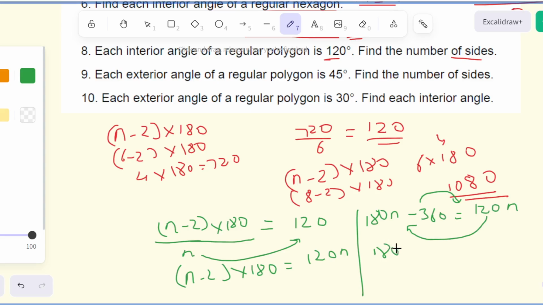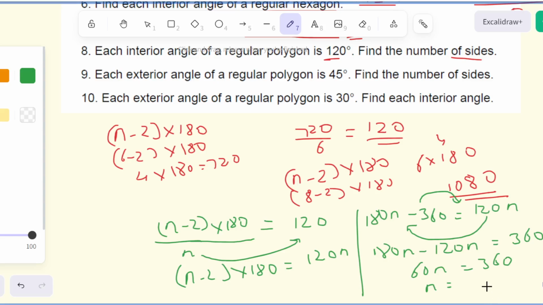So you get 180n minus 120n equal to 360. And this becomes 60n, right? I took minus 360 to the other side, no? That's how it becomes equal to 360.